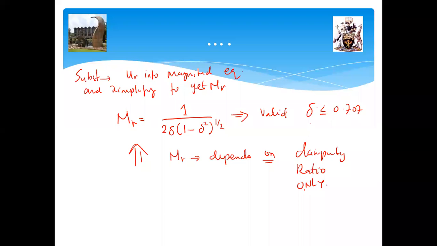So MR depends on damping ratio only. And what about the resonant frequency? Resonant frequency depends on two items: the damping ratio and the natural frequency.